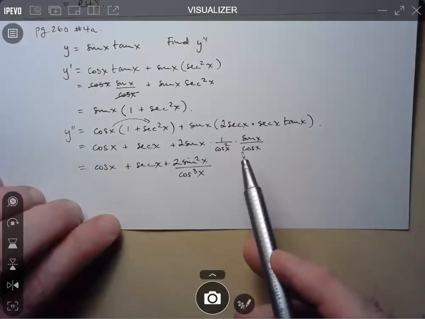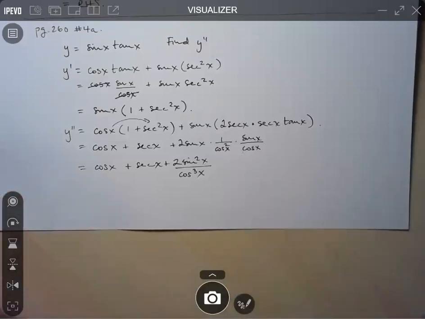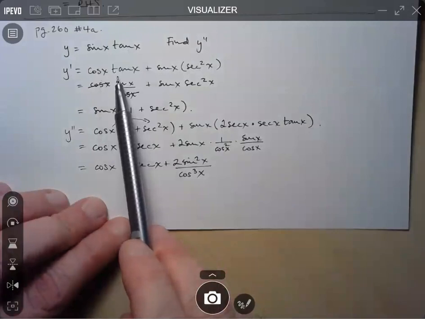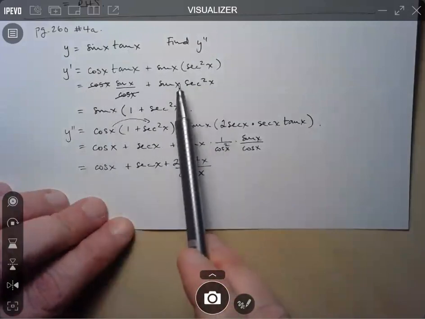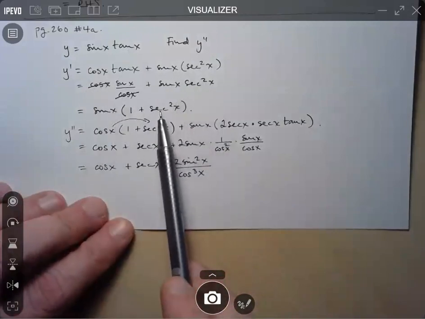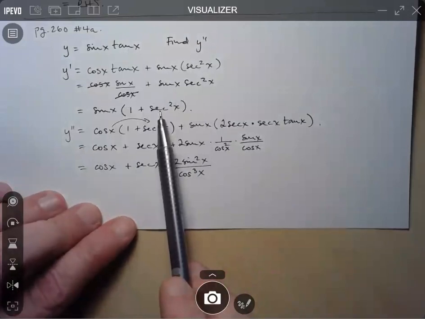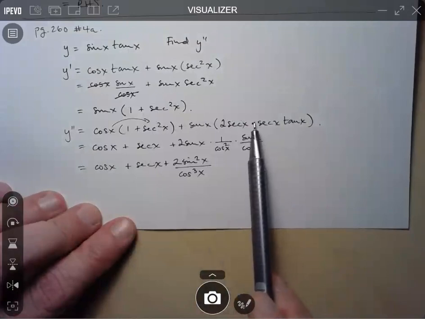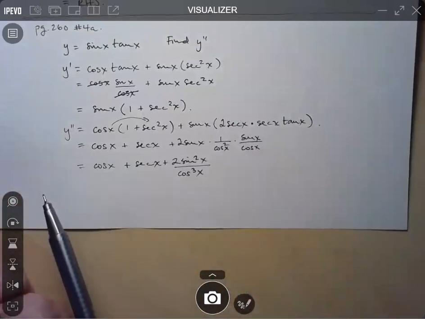It's not really that important how you write it out. But in the end, the important thing here is to realize that you needed the product rule. A little bit of simplifying made taking the second derivative much easier. And then from there, you just needed to use the product rule and the chain rule. Any questions on this one here?